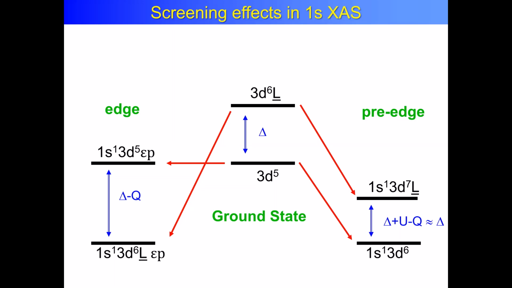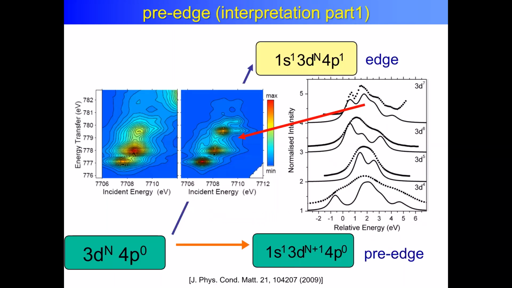Before switching to the edge, I'll just finish the pre-edge. So we saw before the pre-edges analyzed with multiplets, and you can very nicely make this visible if you do a RIXS experiment, which is given in blue. The experiment is given on the left, so that's a 1s2p RIXS experiment on cobalt oxide with a resolution of 200 milli-electron volt.